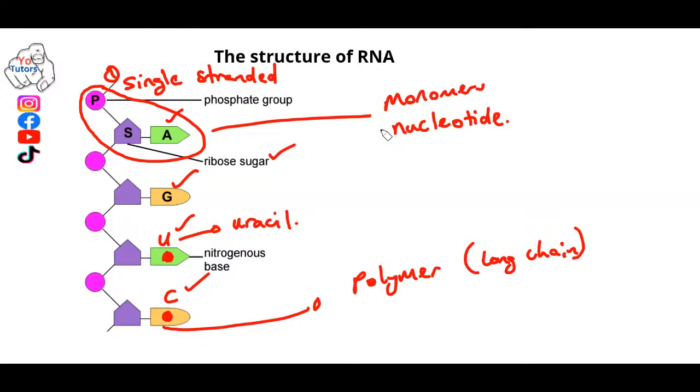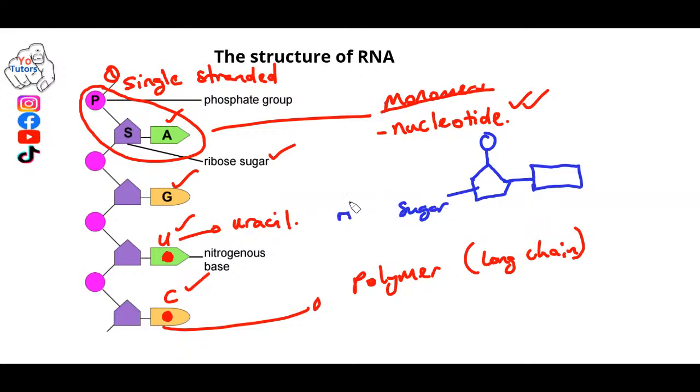Okay, so you must always remember that the monomer of your RNA and the DNA is a nucleotide. And one nucleotide consists of one phosphate group, and one nitrogenous base, and the sugar. So it's a sugar, which is the ribose. Then it's a phosphate group.